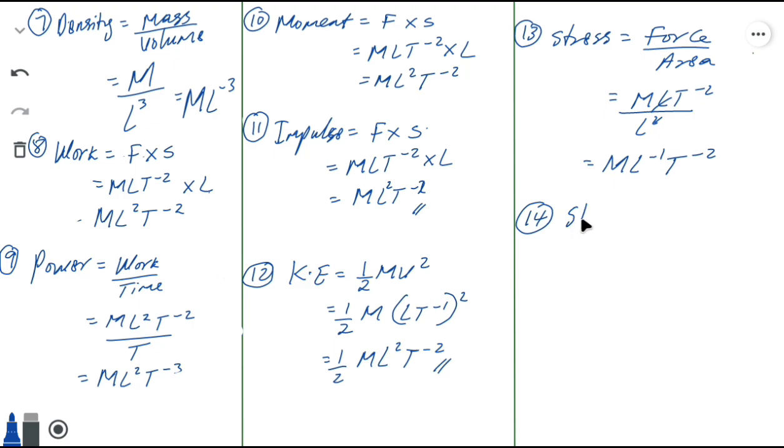Let's take one more. Strain. Now, strain equals elongation over length. Elongation and length are both distance between two points, which is L over L. This will give us 1. So in the next class, we're going to continue with the dimension of other quantities.